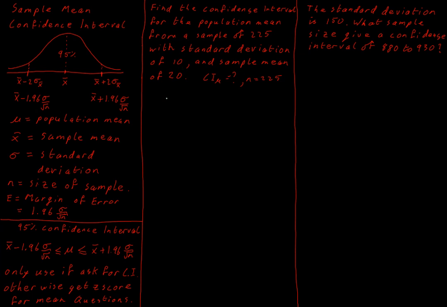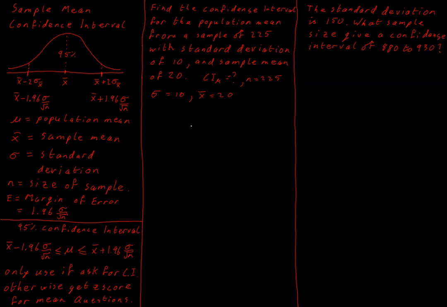They haven't actually told us which standard deviation we're dealing with here, whether it's the sample or the population. It doesn't matter. We will treat them exactly the same. So sigma is equal to 10, and the sample mean is 20. So sample mean, we don't call mu, we call x bar, is equal to 20. So that's all of the information that we are given in the question.